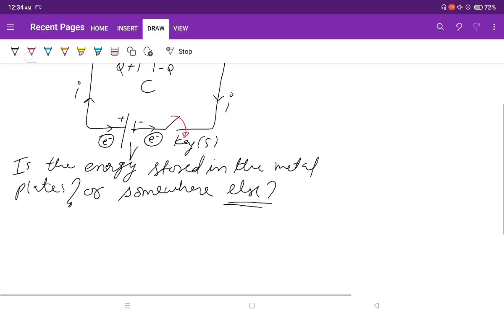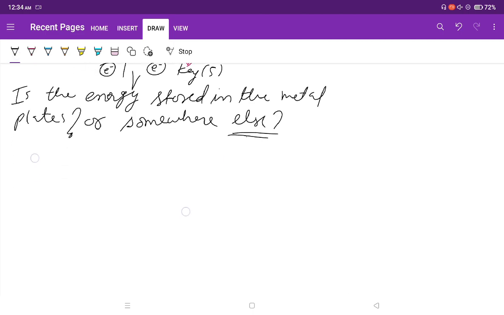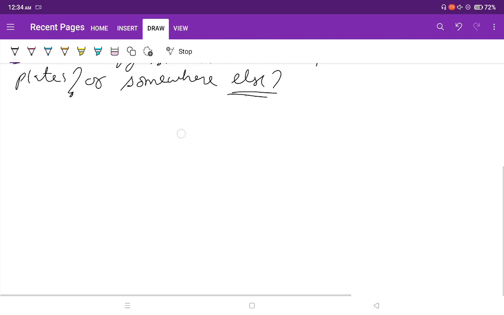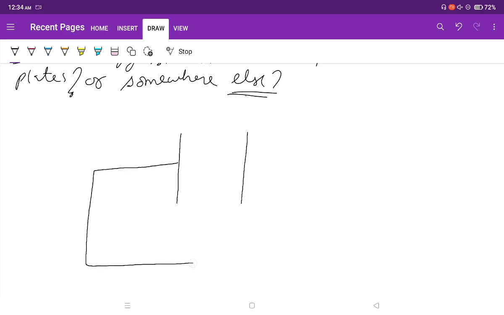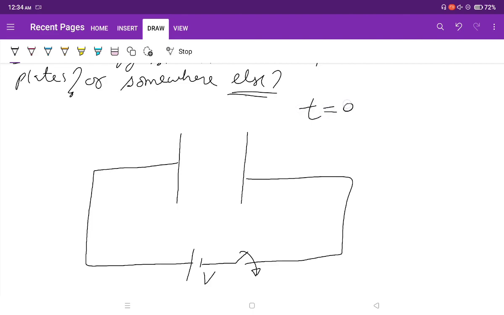Now let's find out what happens. Suppose I have this capacitor connected with a battery. When I close the switch, what happens? Initially at t equal to 0, or t less than 0, the switch S was open.